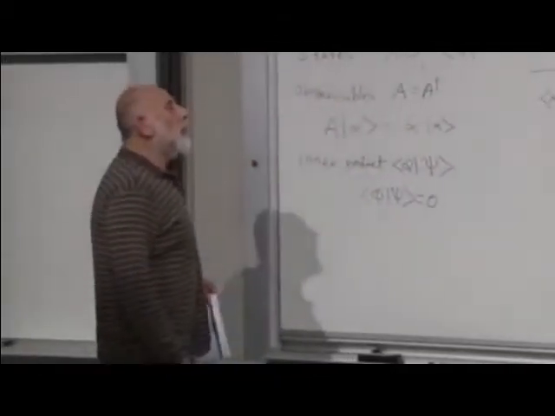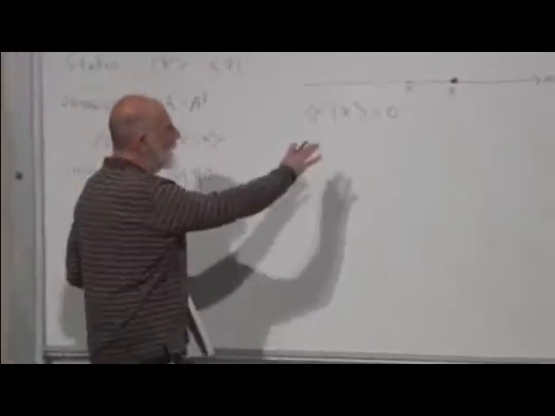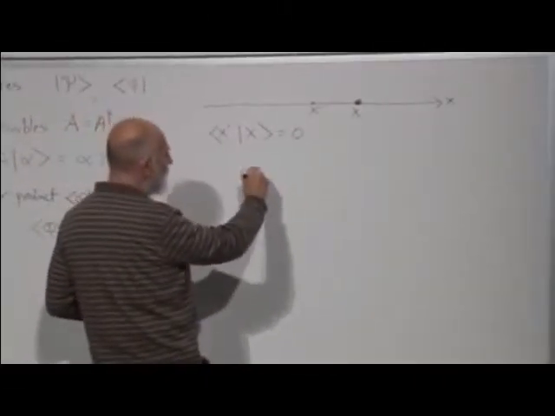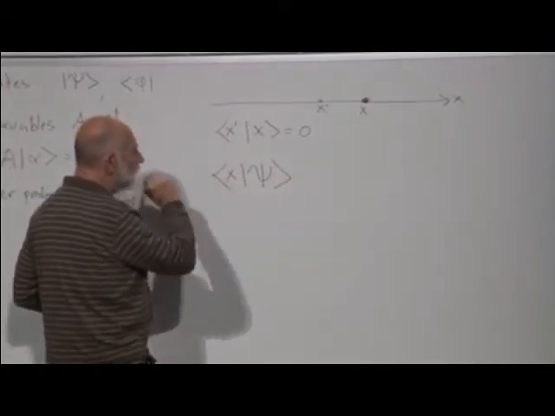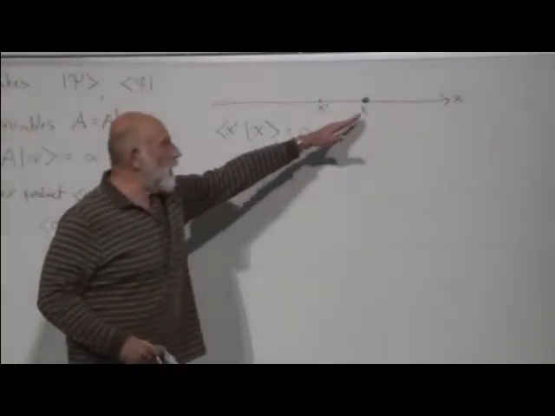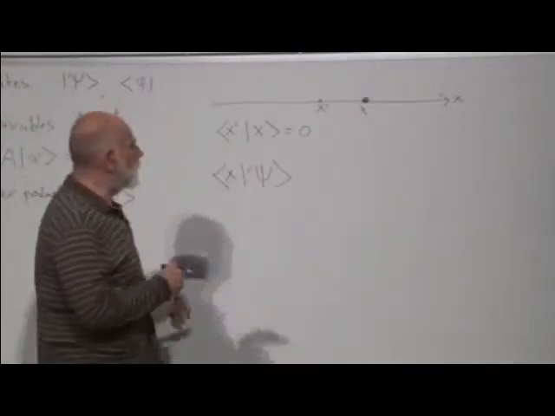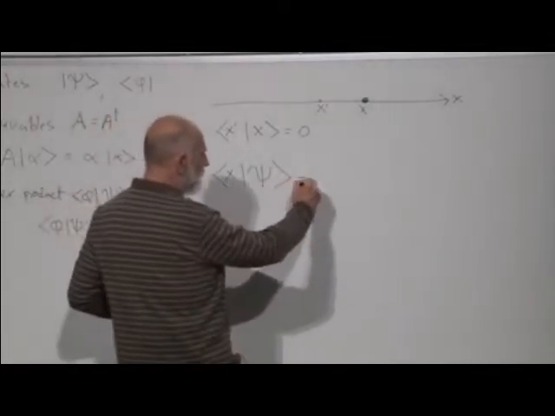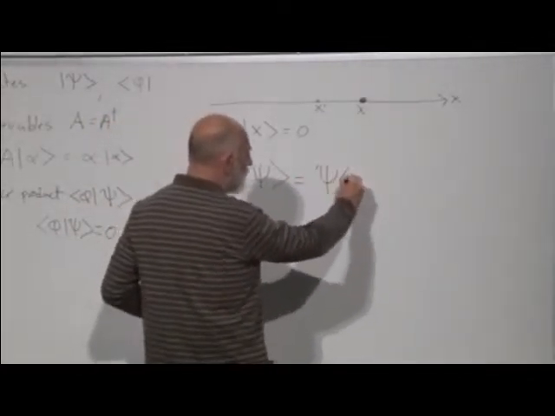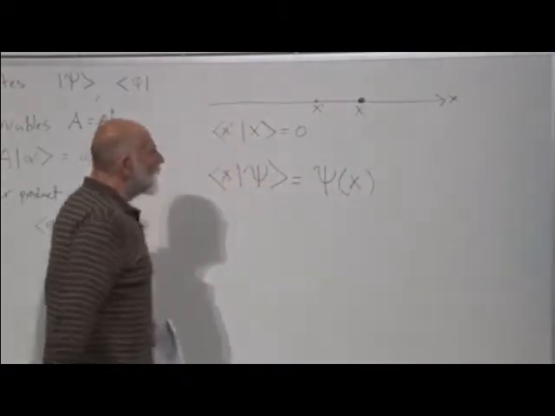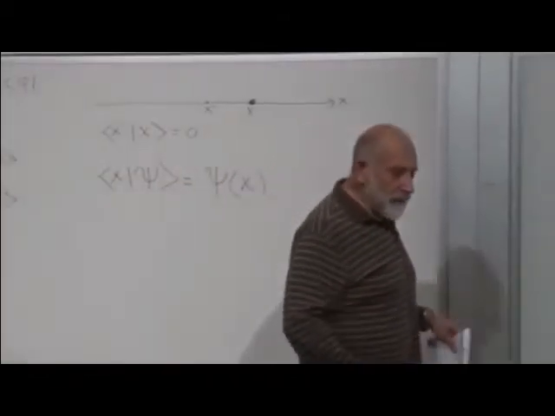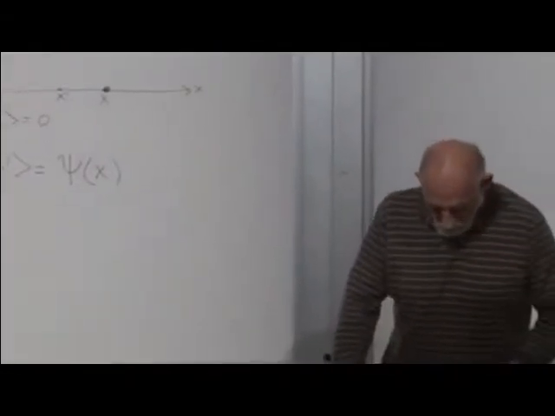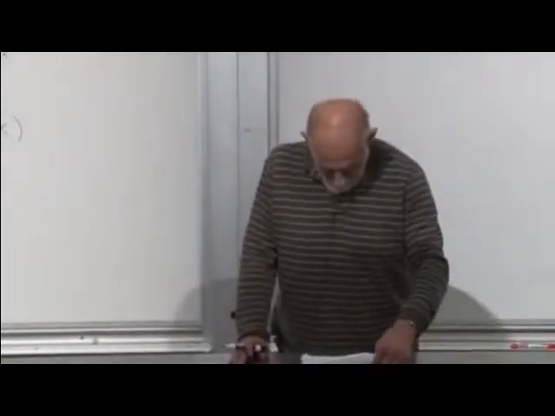Now, take any state whatever of this particle, call it psi. Its inner product with the state representing the particle at x is called the wave function. The wave function of the particle is written as psi of x. It's the psi that goes into the Schrodinger equation. It's Schrodinger's psi. I believe that Schrodinger was the first one to call it psi.